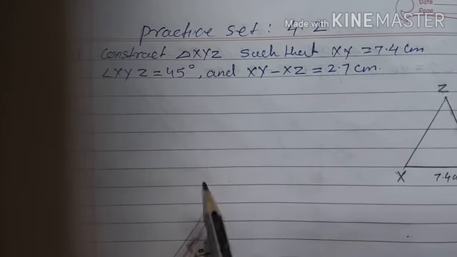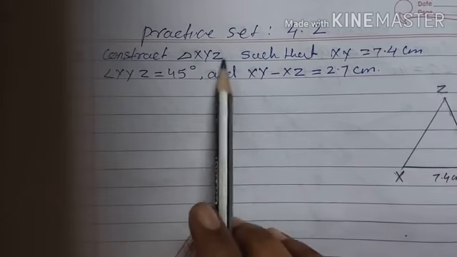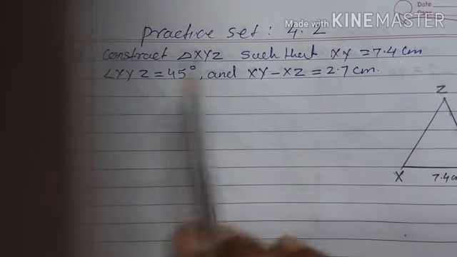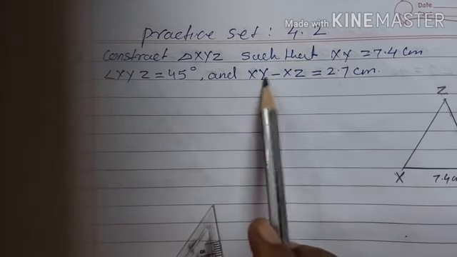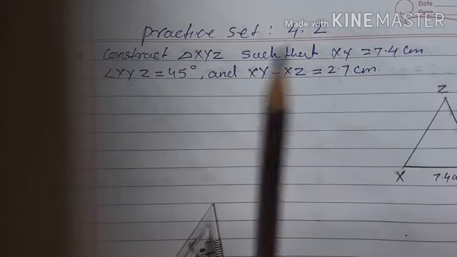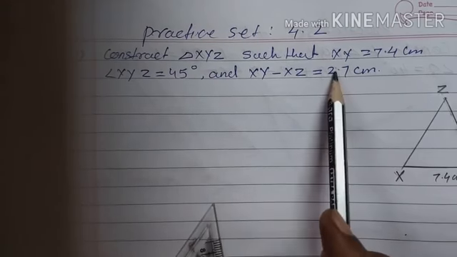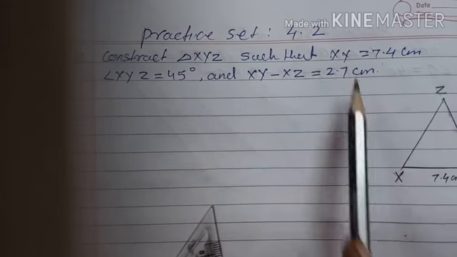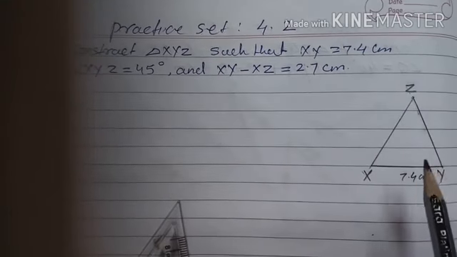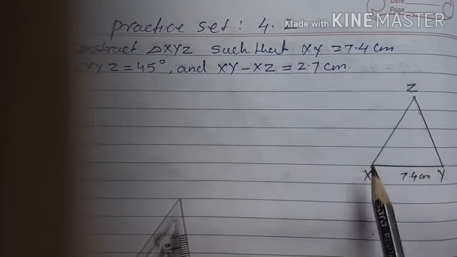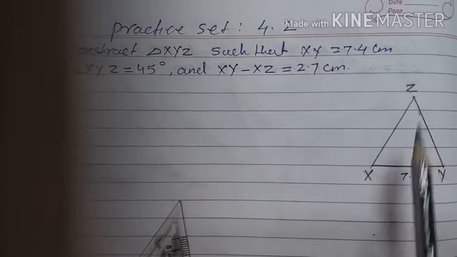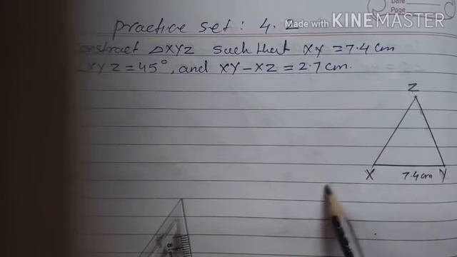Practice set 4.2, question number 1. Construct triangle XYZ such that XY is 7.4 centimeter and angle XYZ is 45 degree and difference of two sides, that means XY minus YZ is 2.7 centimeter. So first of all draw the rough figure of triangle XYZ.